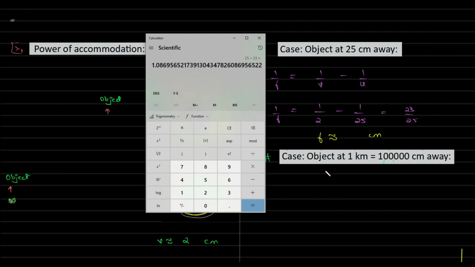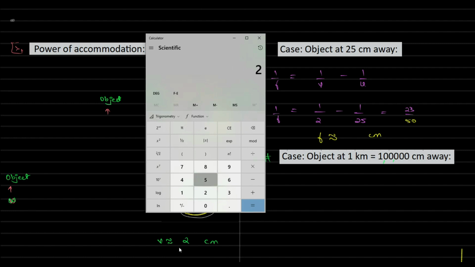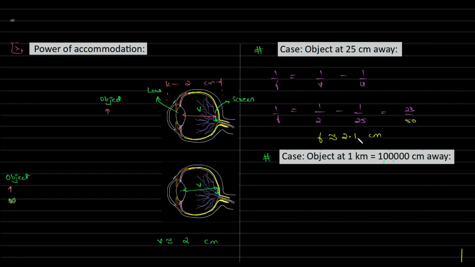Wait, I think, no, sorry, this is 50, my bad. The LCM is 50, right? So f is equal to 50 divided by 23, which is 2.17 centimeter.